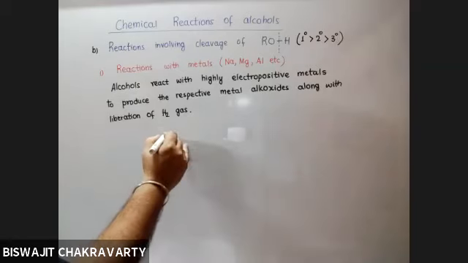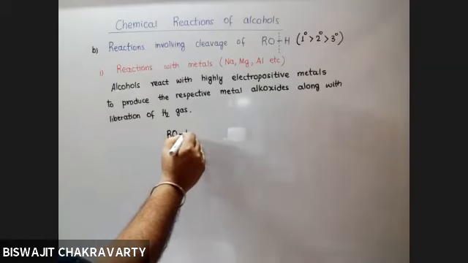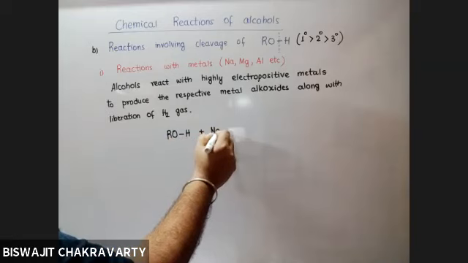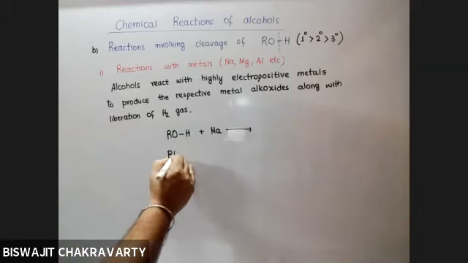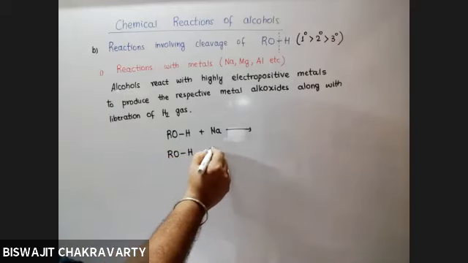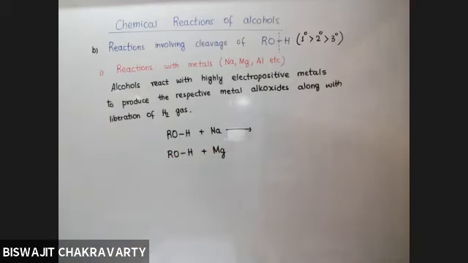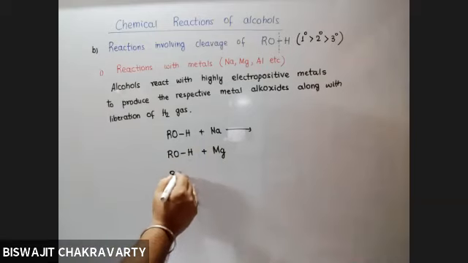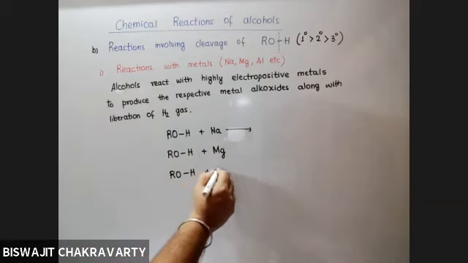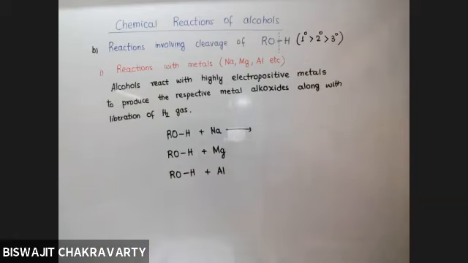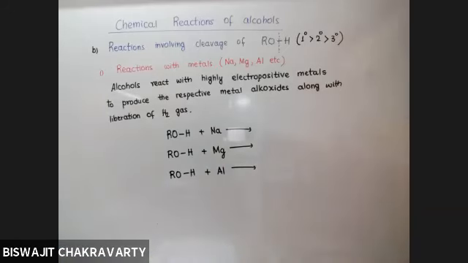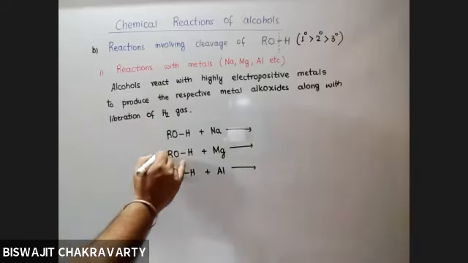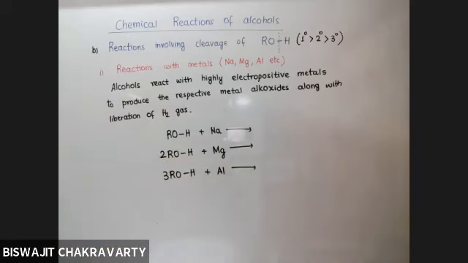So when alcohols are treated with sodium, with magnesium, and with aluminium, depending upon the valency of the metals, sodium is monovalent, magnesium is divalent, aluminium is trivalent, accordingly that many alcohol molecules will react.